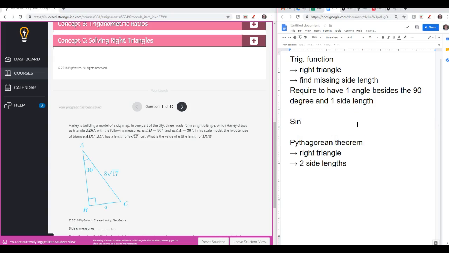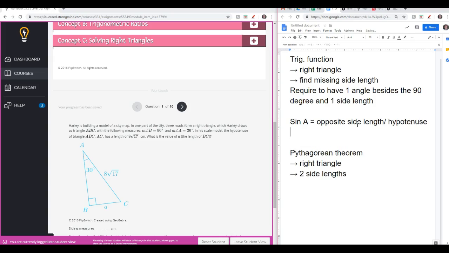So we have sine of an angle. They usually use theta. It is equal to the ratio of the opposite side length divided by the hypotenuse. The cosine of an angle is equal to the adjacent side length divided by the hypotenuse length.